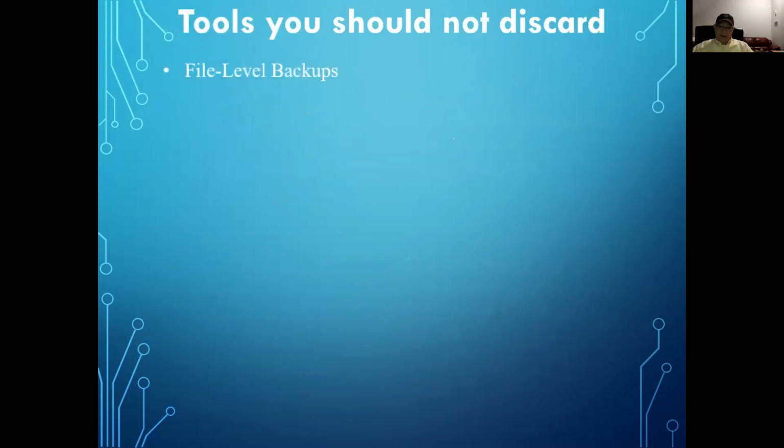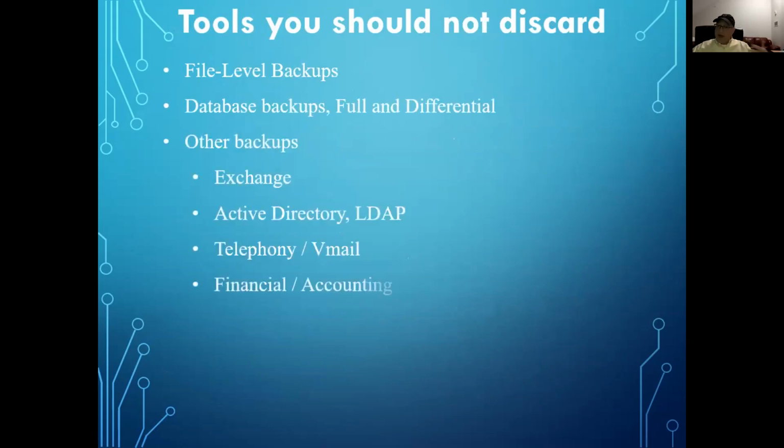Don't stop believing. Right? Continue to do your regular normal file level backups, your database backups, fulls and differentials, your other backups, Exchange, Active Directory, or your other financial back-end system backups, not just database, right? I mean, financial accounting system, legal systems, especially legal systems, all those Word documents, that is the legal system, right?